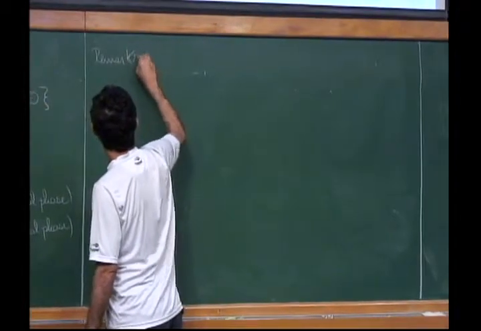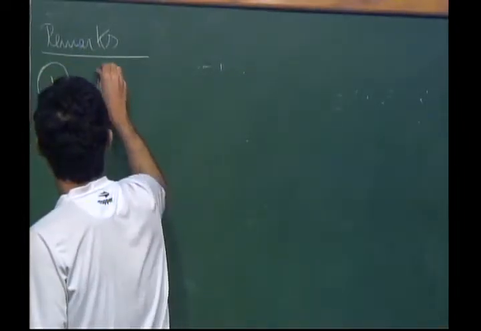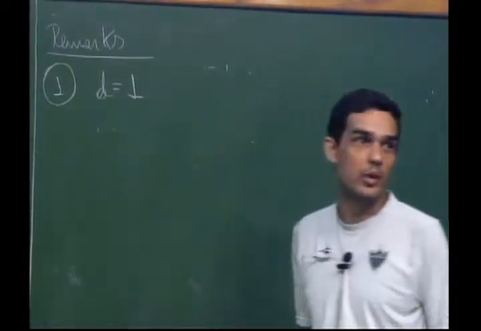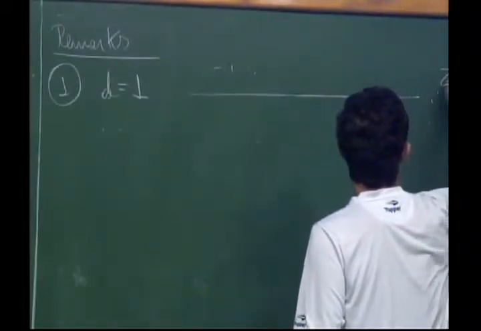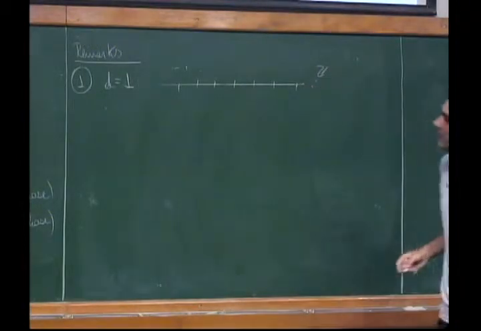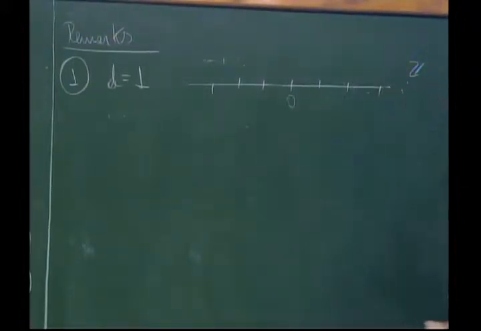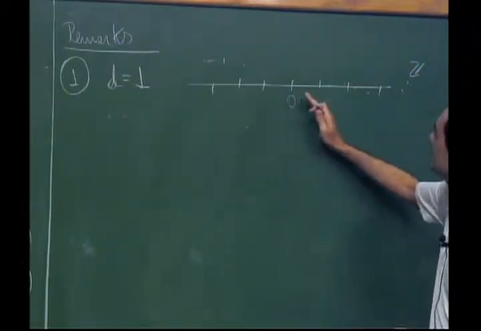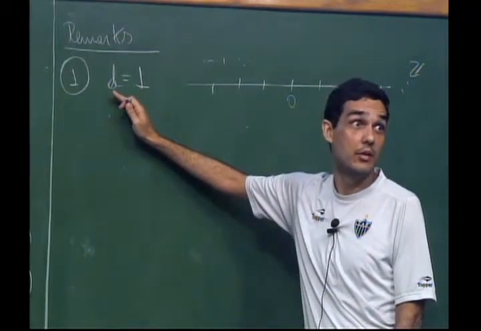For example, if I consider d equals 1, I am in Z. It's easy to see that the origin belongs to an infinite cluster if and only if all vertices to the right of the origin or to the left of the origin are open.